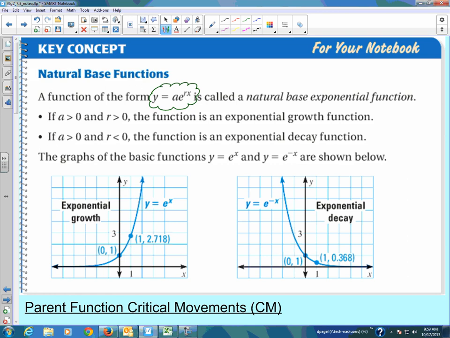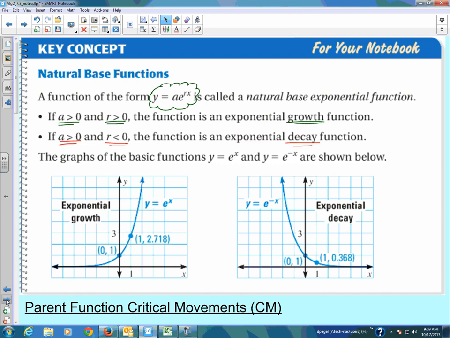So when our a, which again is our vertical stretch factor, is positive, and our r is positive, then we have an exponential growth. When the a is positive, but the r now is negative, I will get the decay of this function. And then here are some of the graphs for those, both growth and decay.